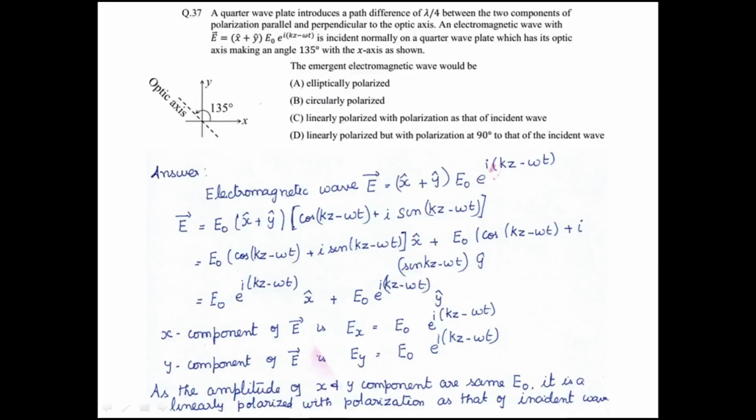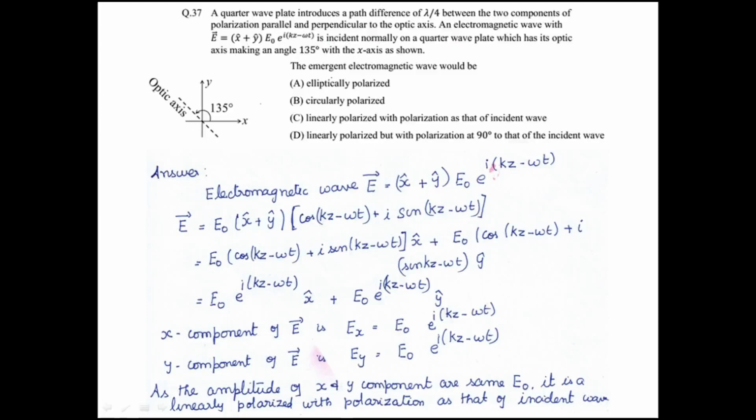Question: a quarter wave plate introduces a path difference of lambda by 4 between the two components of polarization parallel and perpendicular to the optic axis. An electromagnetic wave with electric field E equal to (x cap plus y cap) E naught e power i(kz minus omega t) is incident normally on the quarter wave plate, which has its optic axis making an angle of 135 degree with the x-axis as shown in the figure.